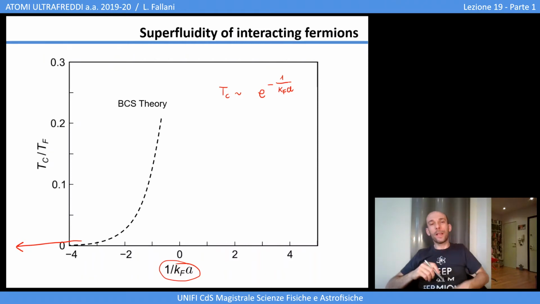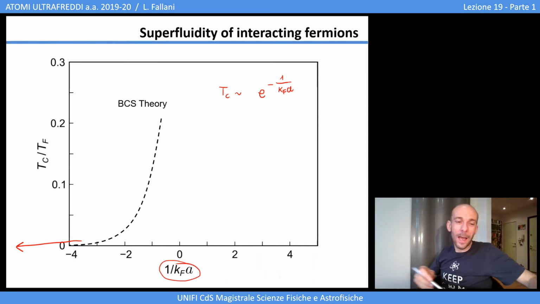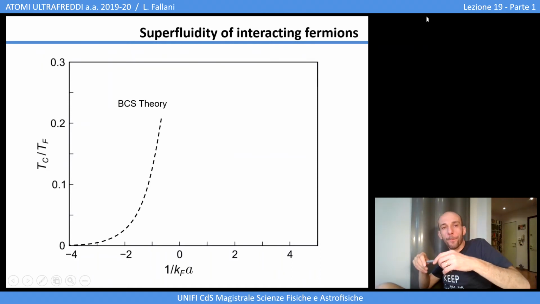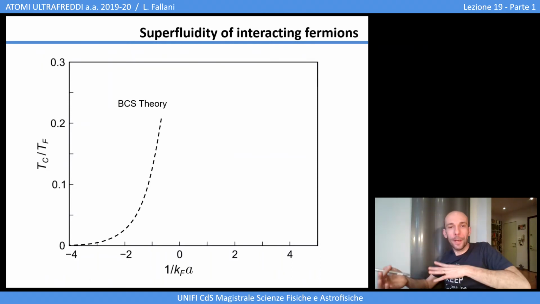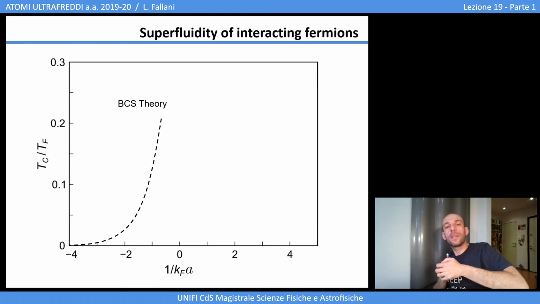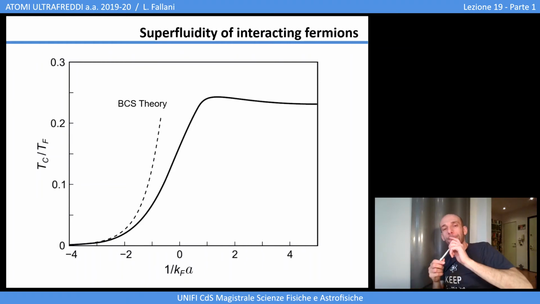But then we can extend this theory, and what I'd like to show you now is what happens if you perform a more complicated calculation that extends the validity of the BCS approach to stronger interactions and also to interactions with a different character. And this is what you get.